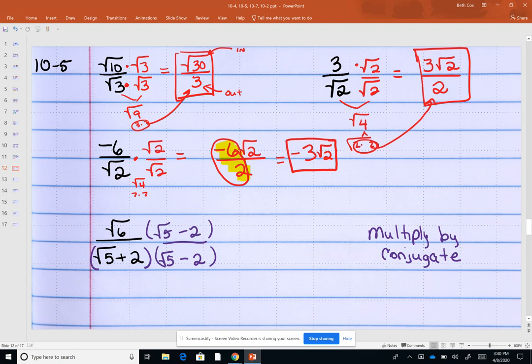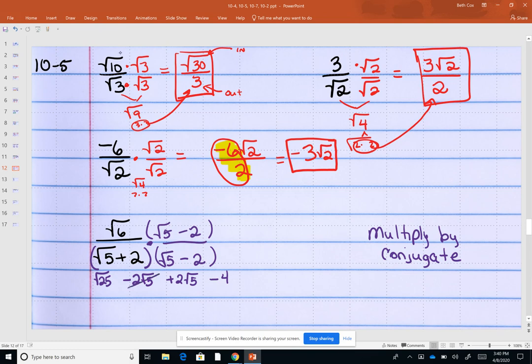All right, and so now I'm going to do this multiplication. I'm going to do the denominator first just because it's the more complicated one. So again, if you want to shortcut it, you can. I'm not shortcutting anything. I'm going to do the FOIL. I'm going to do everything. No skip steps for me. Okay, so that's going to give me the square root of 25 minus 2 square roots of 5 plus 2 square roots of 5 minus 4.